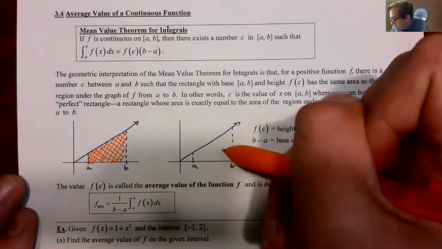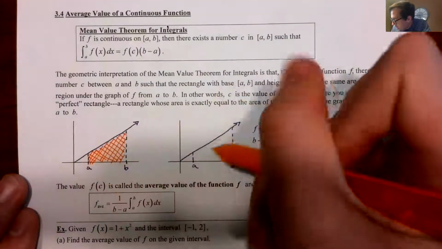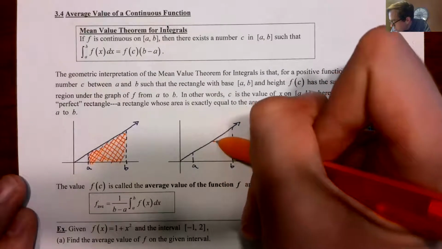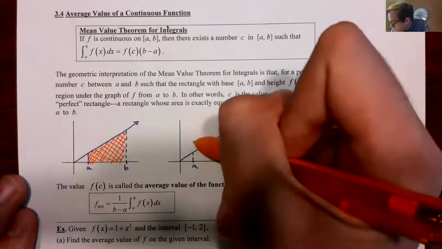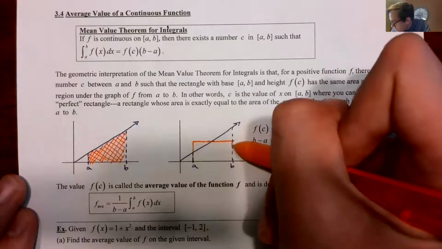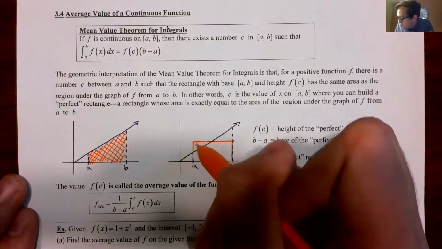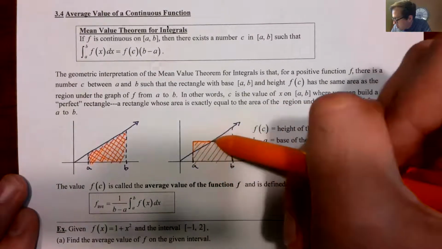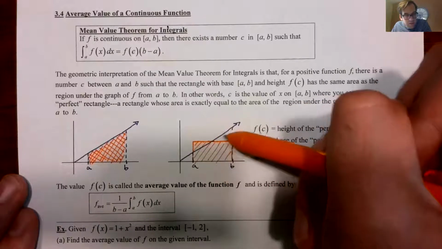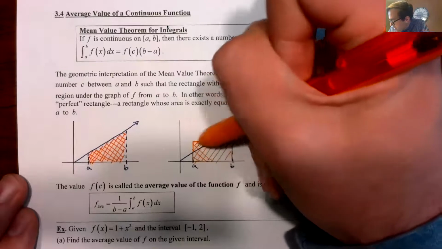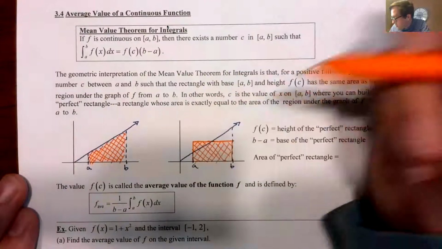Since it's a straight line, it's hopefully clear that if we forced it to be a rectangle, it's going to look something like this, where we have this triangle down here and this triangle up here that replaced each other from the original.